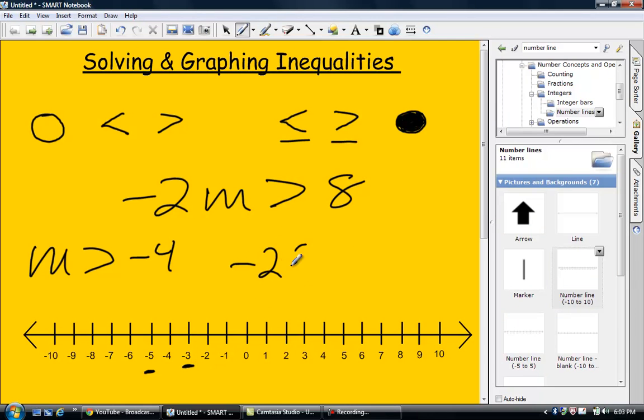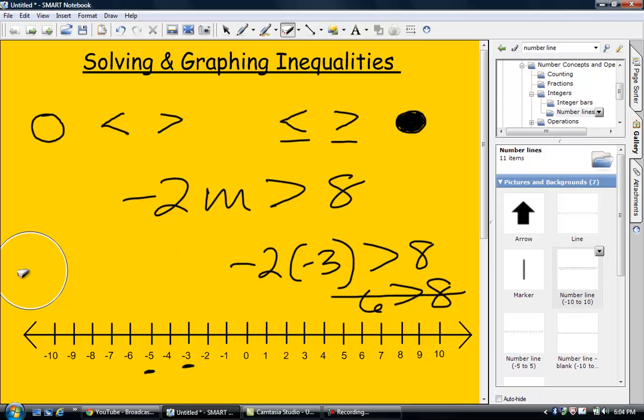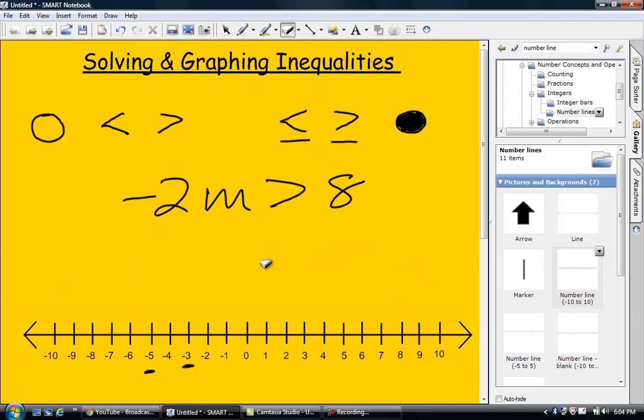So negative 2 times negative 3 is greater than 8. Negative 2 times negative 3 is 6. Is 6 greater than 8? I do not think so. Okay? That's one indication of why you need to change the sign when you're dealing with negatives in an inequality, when you're either using multiplication or division.